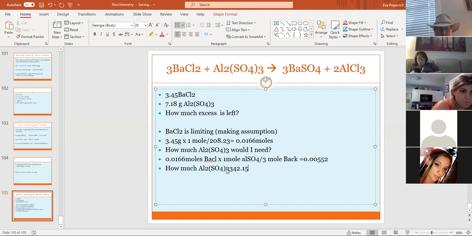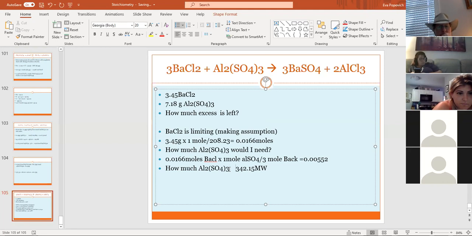You're absolutely correct. So how do I determine how much aluminum sulfate I have? Come on, guys. How am I going to find the moles? By doing 7.18 divided by 342.15.